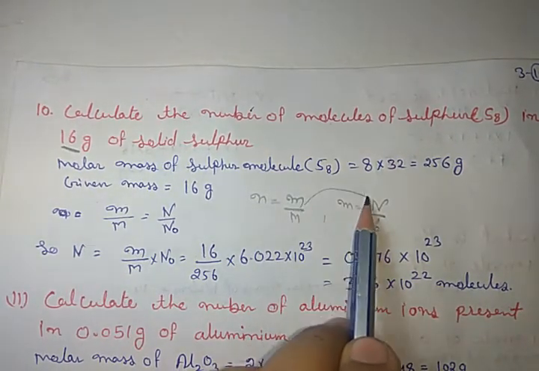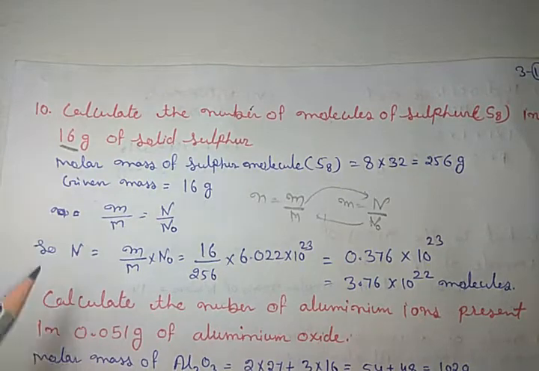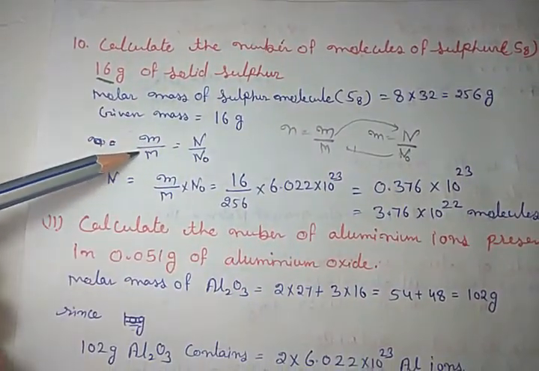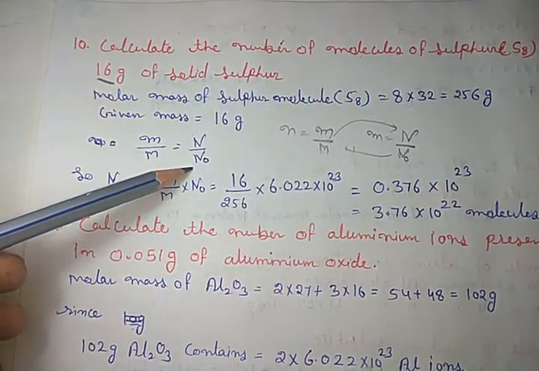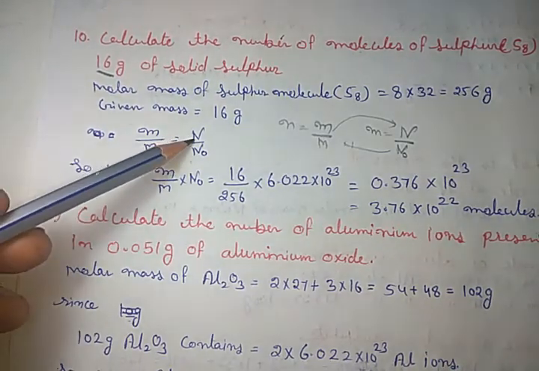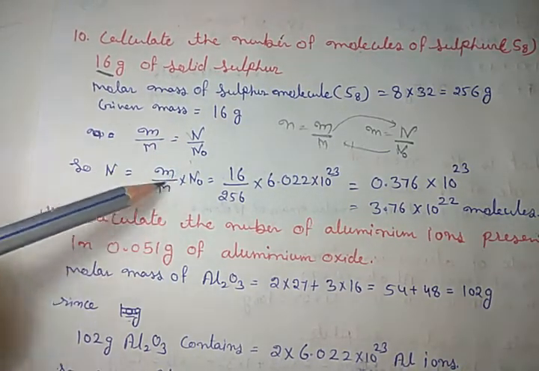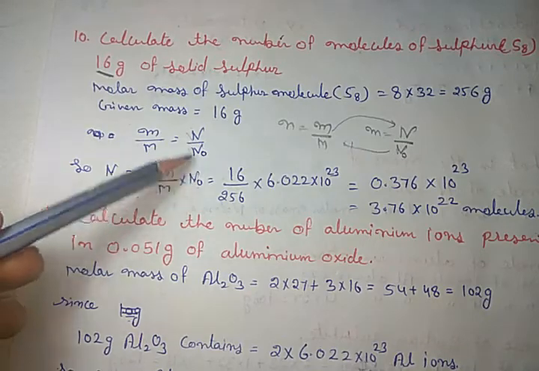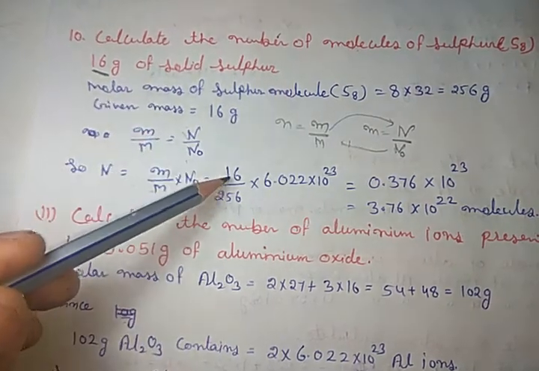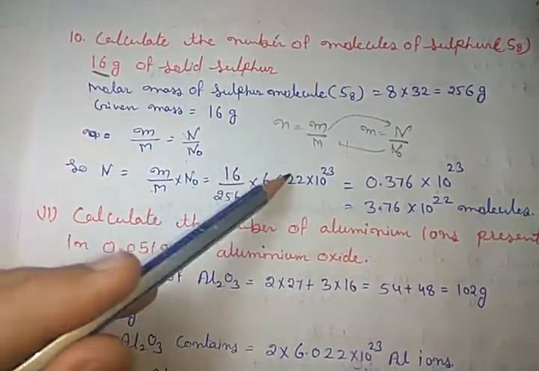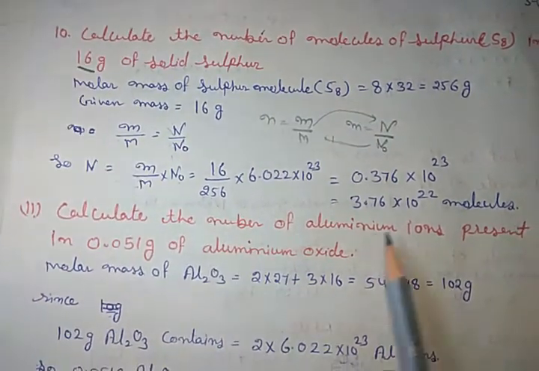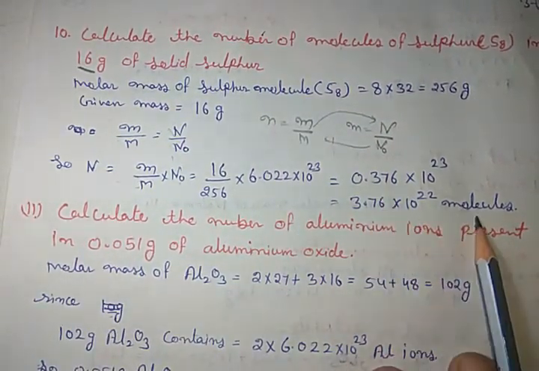So they are equal. So the formula becomes m upon M is equal to N upon N0. Now we have to calculate N. Clear? Cross multiply N0 to here. Now put the values. When we put the values, the answer is that one. Clear?